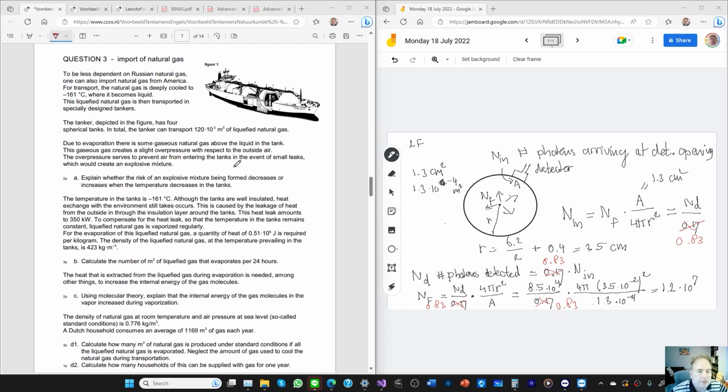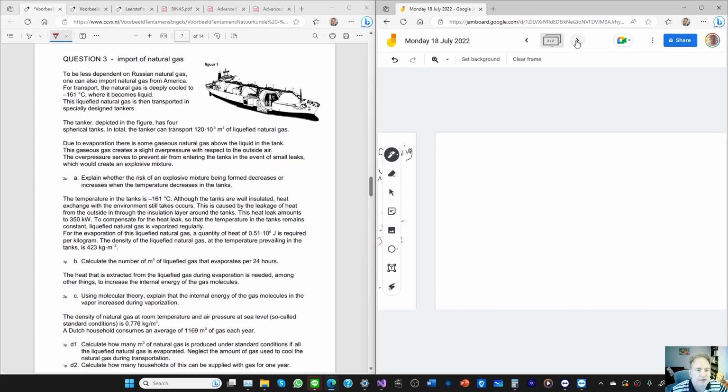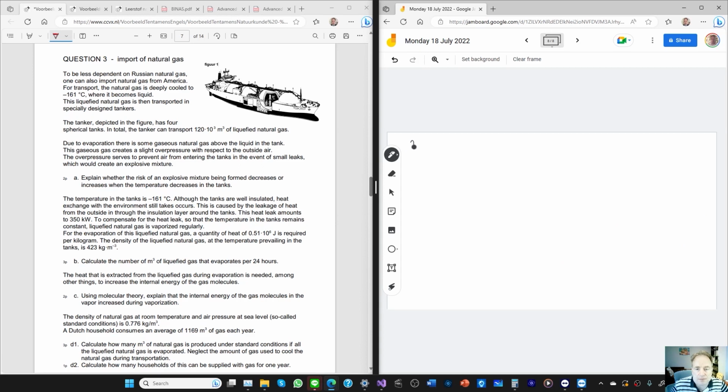Explain whether the risk of explosive mixture being formed decreases or increases when the temperature decreases in the tank. Well, what happens if the temperature decreases? Well, we know one of the gas laws.